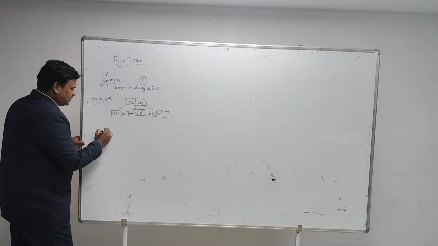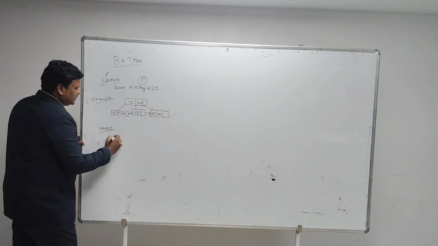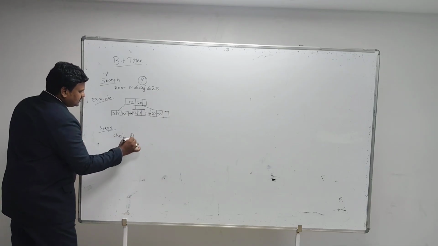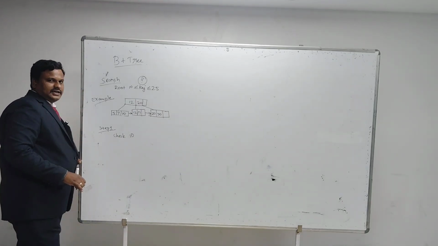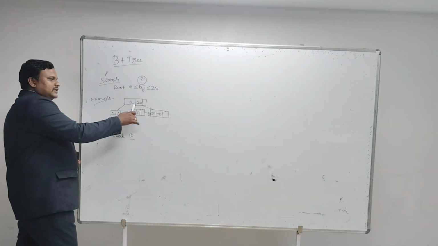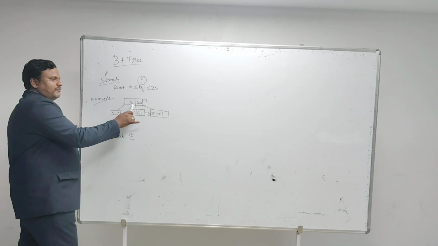The key 10 means we are going to first check with the root. Step 1, so we are going to check that 10. Okay, so the root node has the key 12.